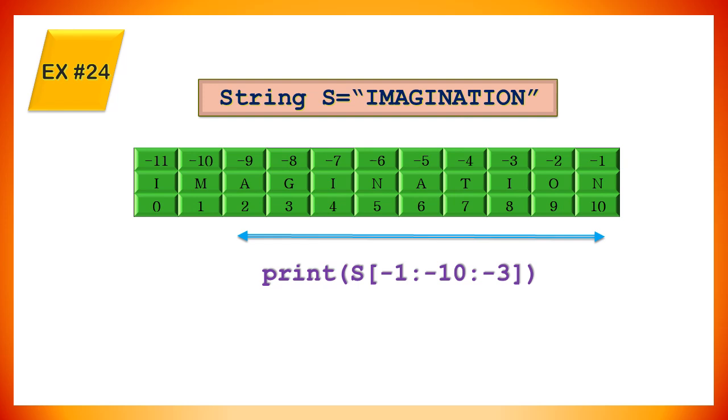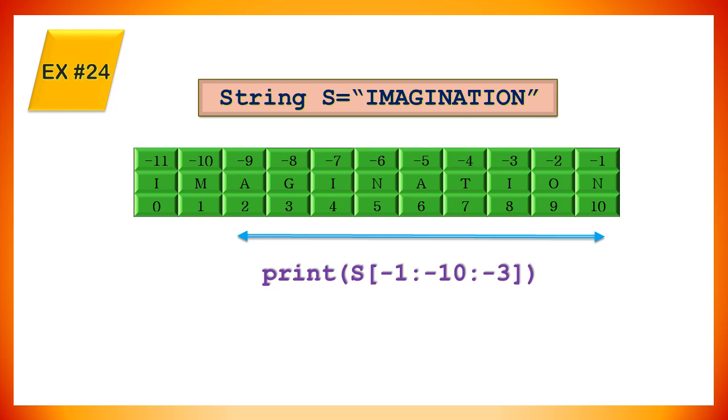See here, the end value is minus 10. So we have to add 1 to minus 10, that is minus 9. Why are we doing this? Because the step value is given as negative and the selection process will start from right to left. So that's why here end minus 1 will not be done. Instead, end plus 1 will be done.